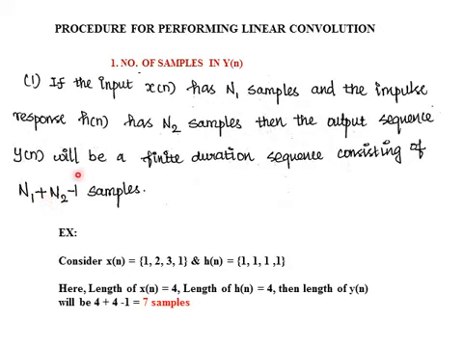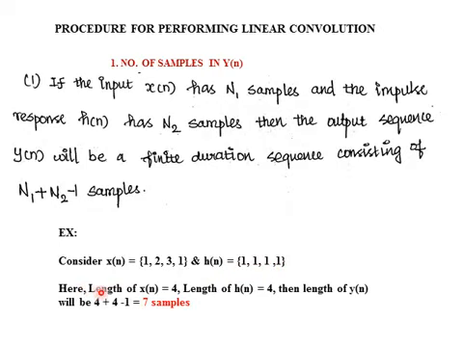So this is the formula to find the number of samples in the response y of n, where n1 is the number of samples of x of n and n2 is the number of samples of h of n. Consider this example. Here x of n has 1, 2, 3, 1, that is, 4 samples. Likewise, h of n also has 4 samples.